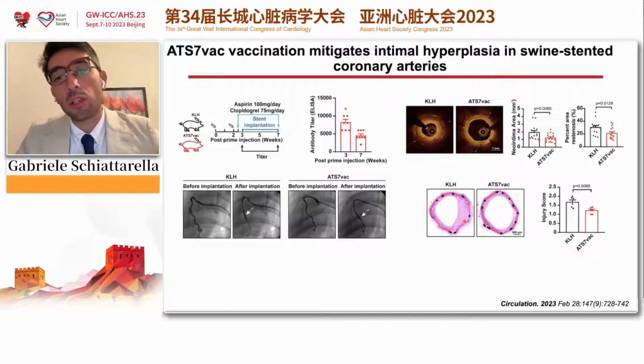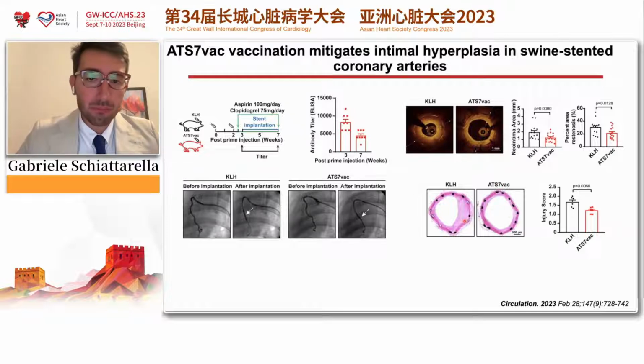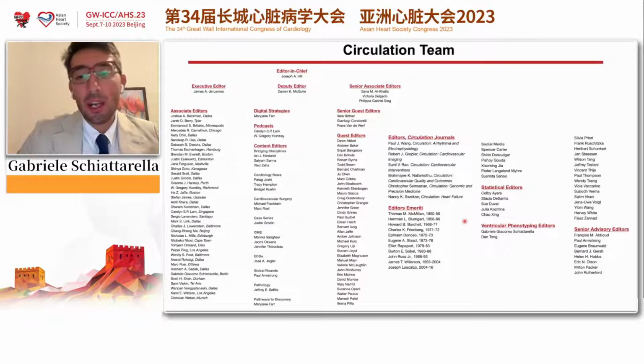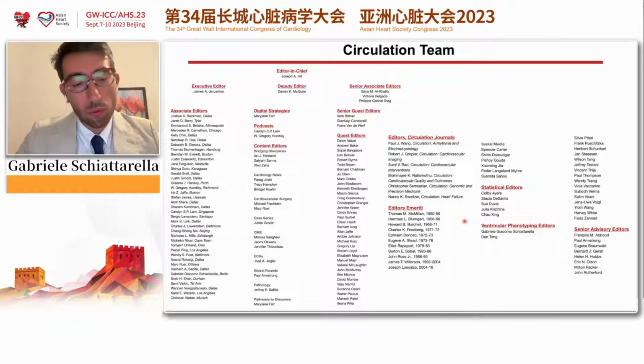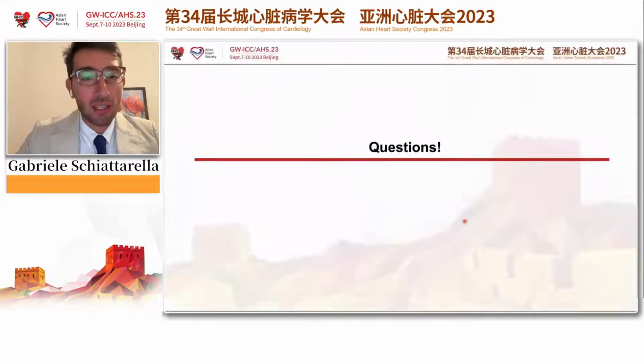So preclinical modeling, including both rodent models and large animal models. I will stop here, and again, I will reiterate what a privilege it is to work with this amazing group of investigators across multiple areas of expertise within Circulation, and I'm happy to take any questions in the discussion part. Thank you.